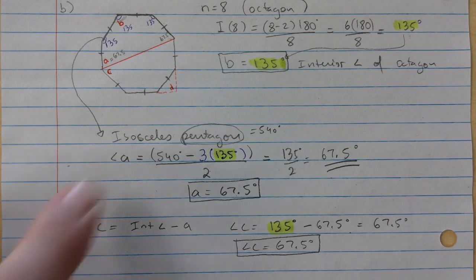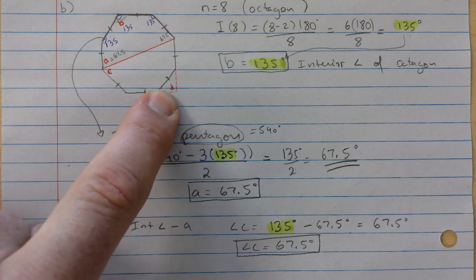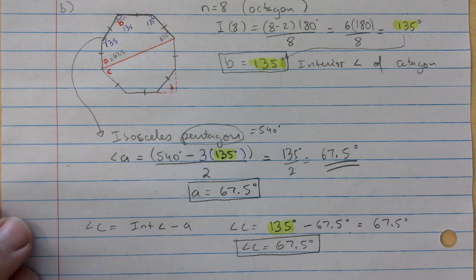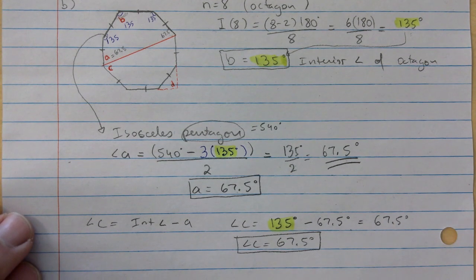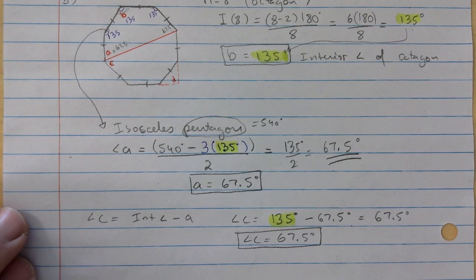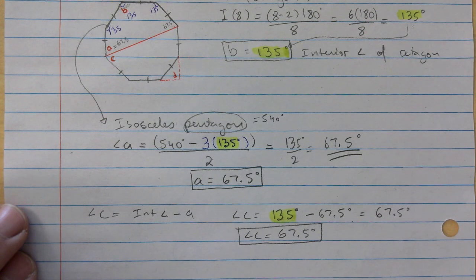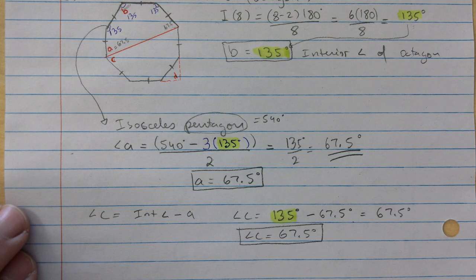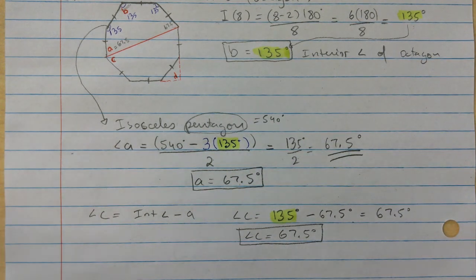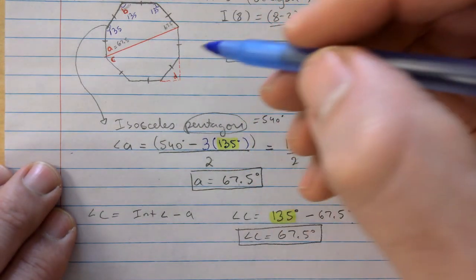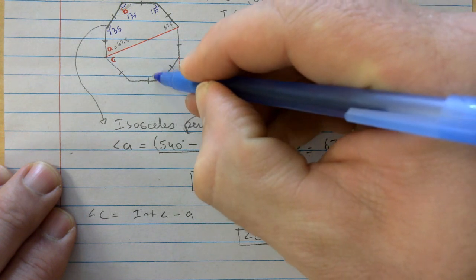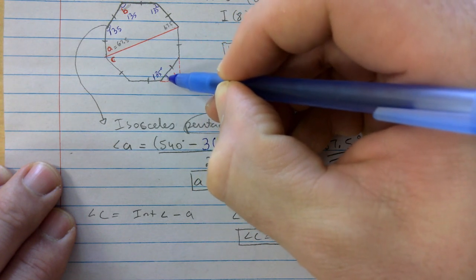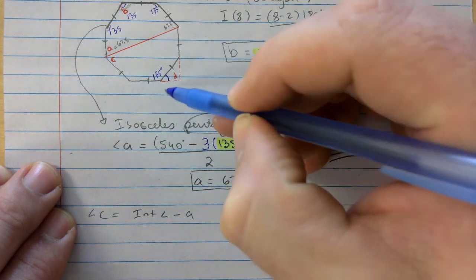Last one is D. We need to figure out D here. And I'm going to do this the following way. We know that this is 135 here. So what is this little angle going to be?